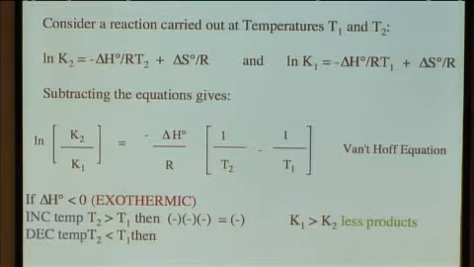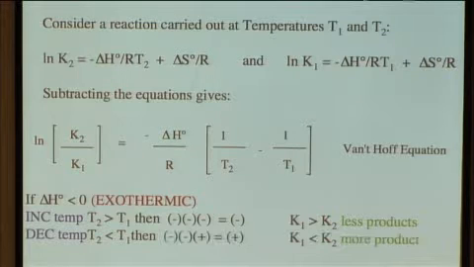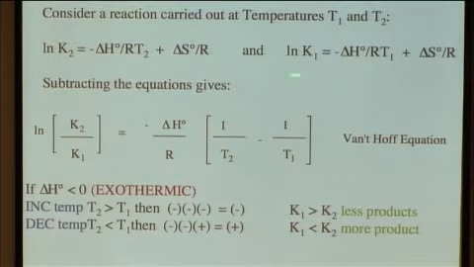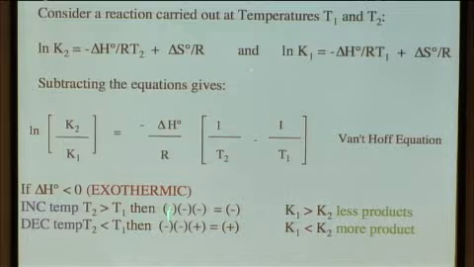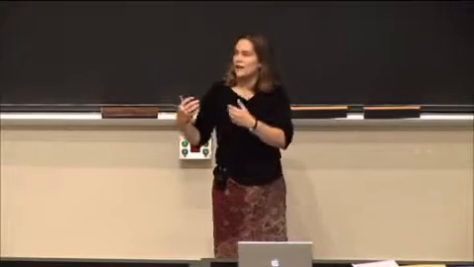Now let's think about what happens when you decrease the temperature, where T2 is less than T1. We can do the same thing. We have a negative sign here. We also have a negative sign for delta H, since it's an exothermic reaction. But now we have a positive sign for this temperature term. So overall, we're going to have a positive sign for the natural log of K2 over K1, which mathematically means that K1 is less than K2, or that you would expect more products in the equilibrium constant at the lower temperature.